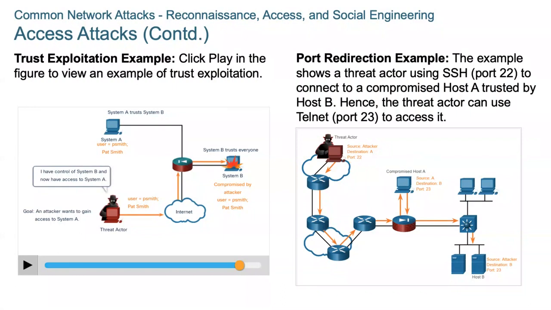Host A is trusted by host B in the network, and therefore the threat actor can use Telnet port number 23 to access it. If 22 is closed and 23 is open, then port number 23 can be used.